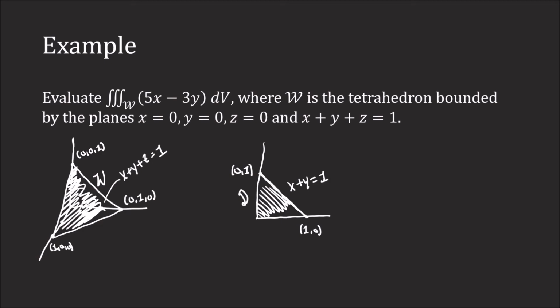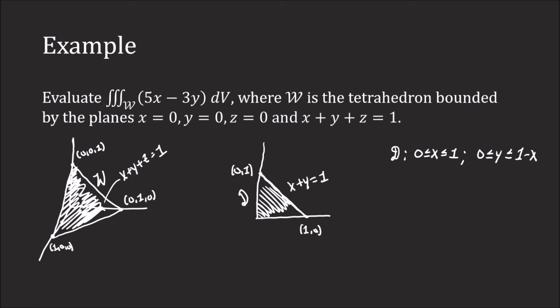So our domain, this projection here, this D, can be expressed as 0 less than or equal to x less than or equal to 1, and then 0 less than or equal to y less than or equal to 1 minus x.